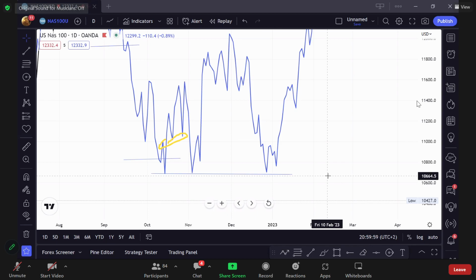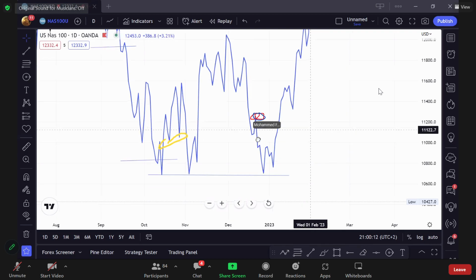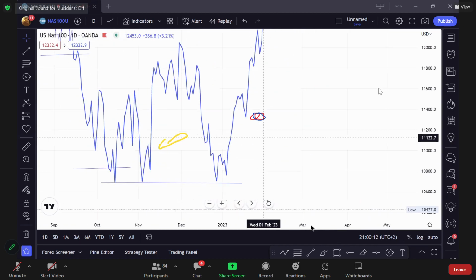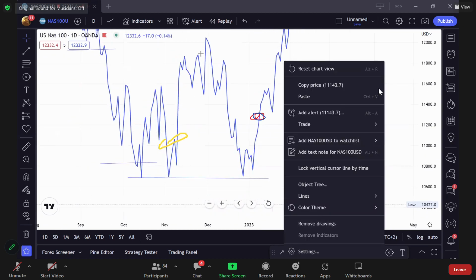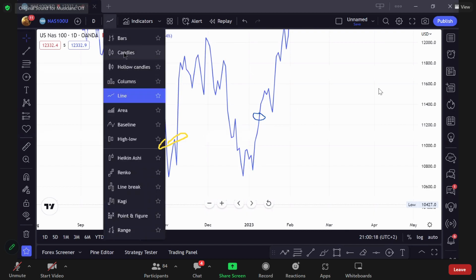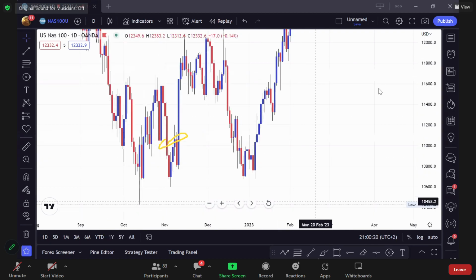It was after where that yellow drawing is, the second low but with the next high. So you would say that this is where our change of character is.